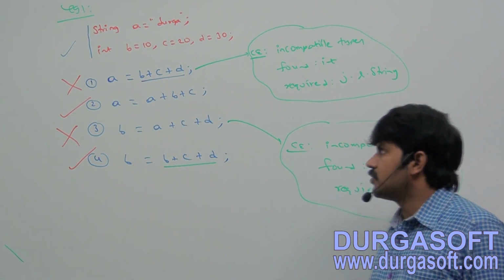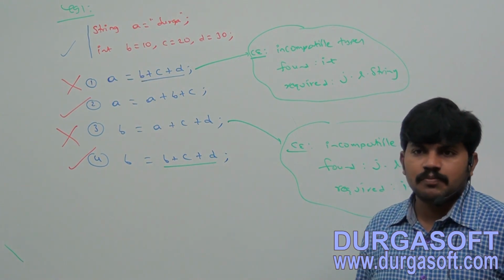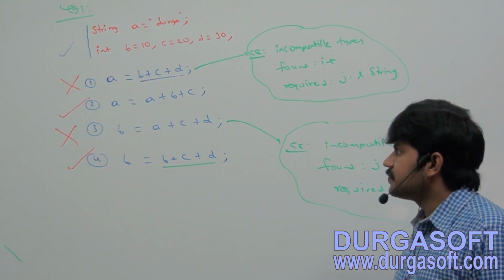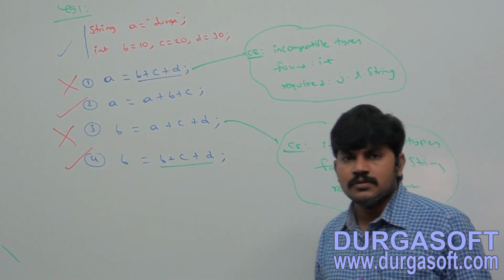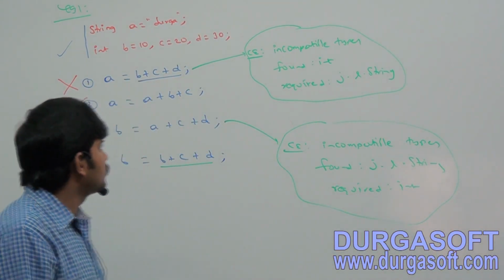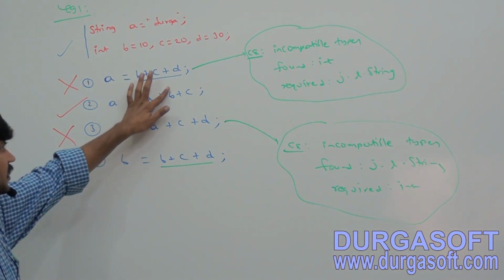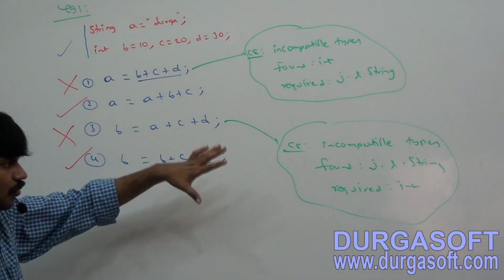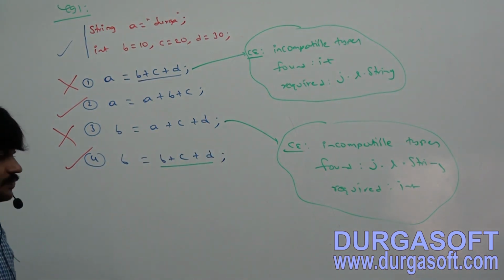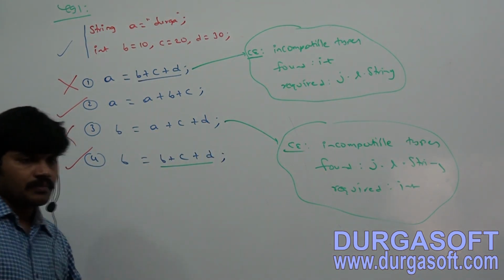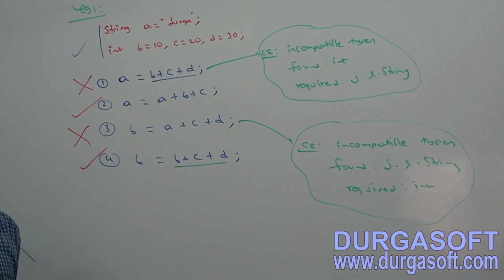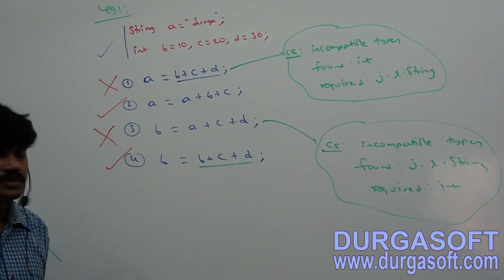A is equal to B plus C plus D. A is equal to A plus B plus C. Take all of them and include the compile time errors also clearly. Make sure. Can I complete it, right?